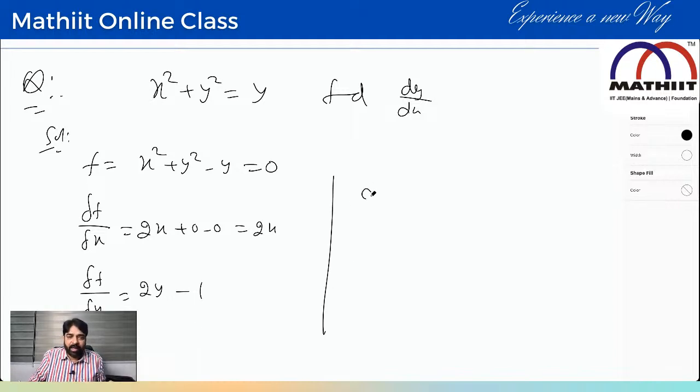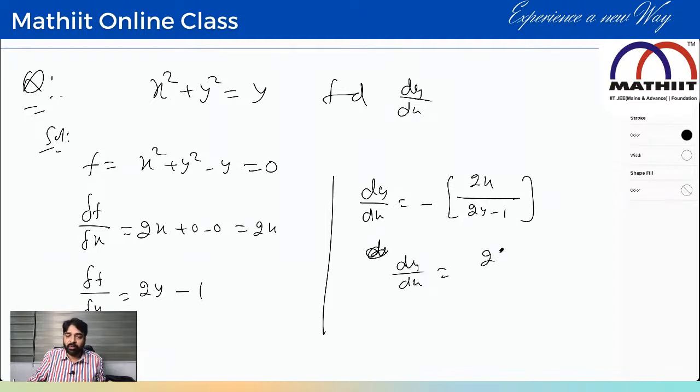So dy by dx will be equal to minus 2x divided by 2y minus 1. Finish. This is your answer. If you want to simplify, you can simplify: 2x by, you can send the denominator, 1 minus 2y. Are you able to understand?